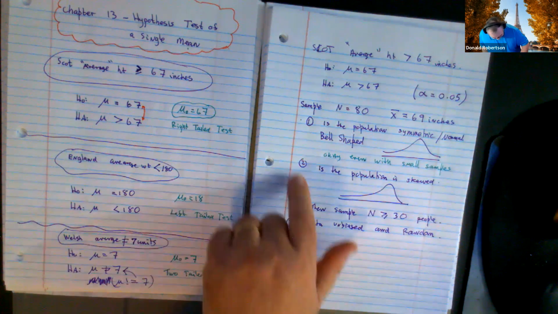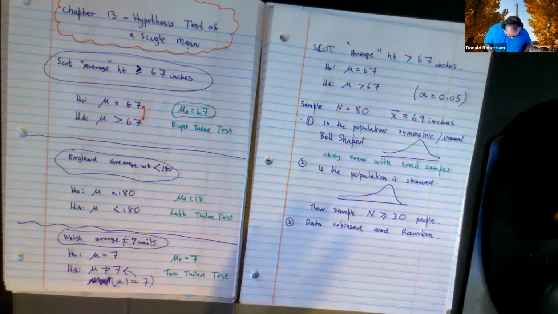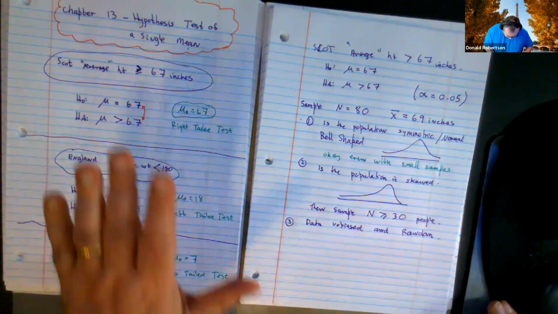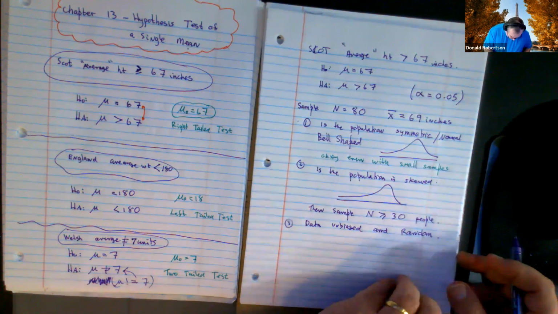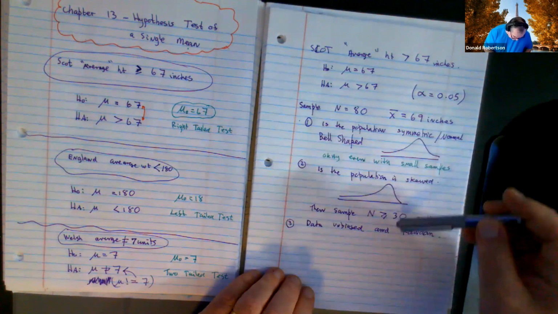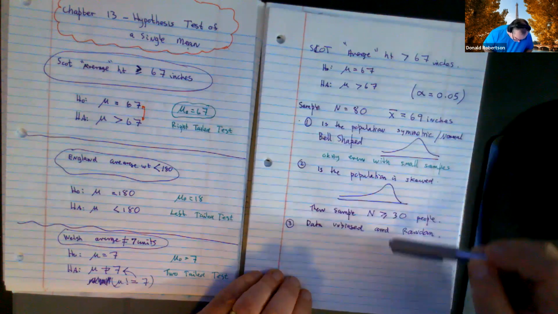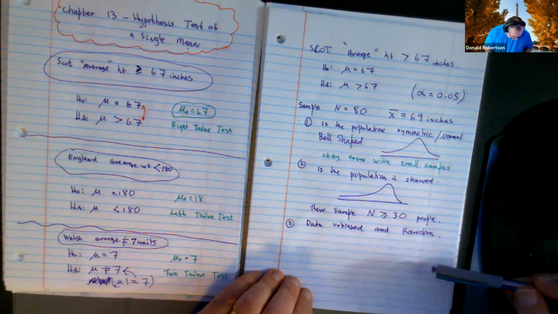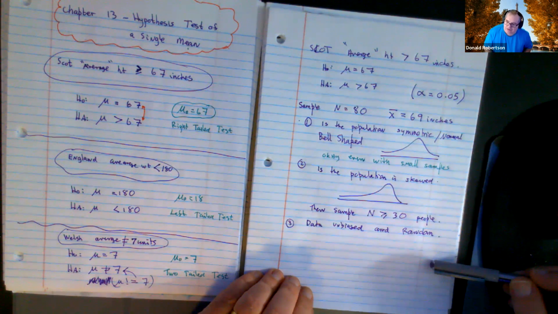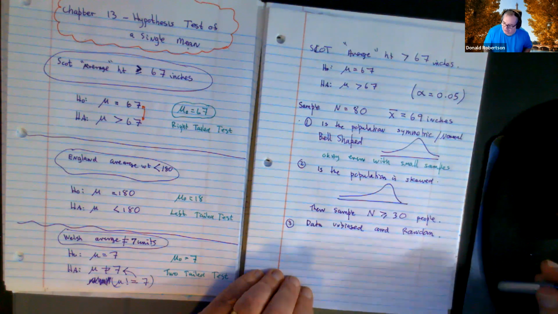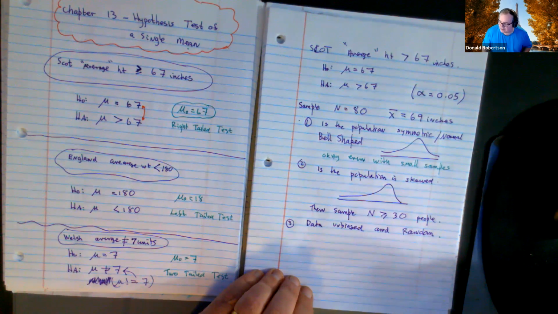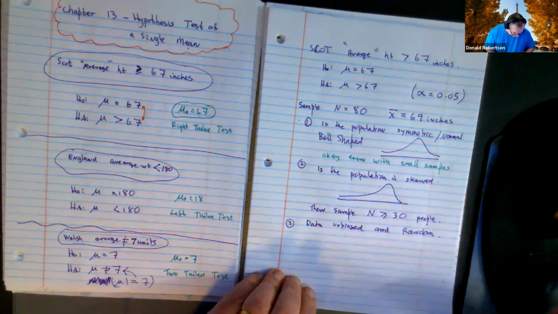So as long as this is true, you can pretty much guarantee that the hypothesis test is going to be useful. They don't spend a great deal of time throwing things out, saying, oh, you can't do it. I guess it makes sense. There's not much point in giving you a homework question where you turn around and say, well, there's no point in me doing the hypothesis test on it, because the question's finished.